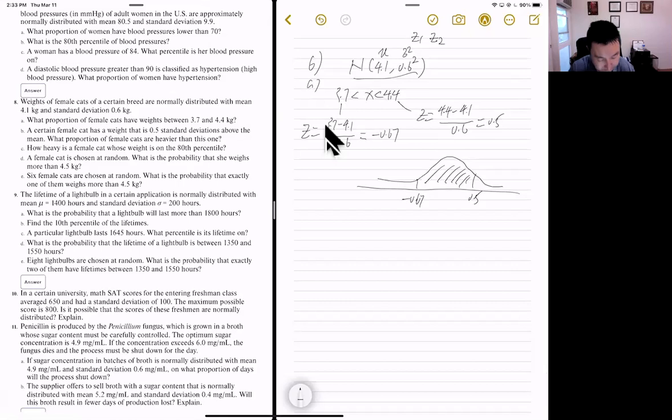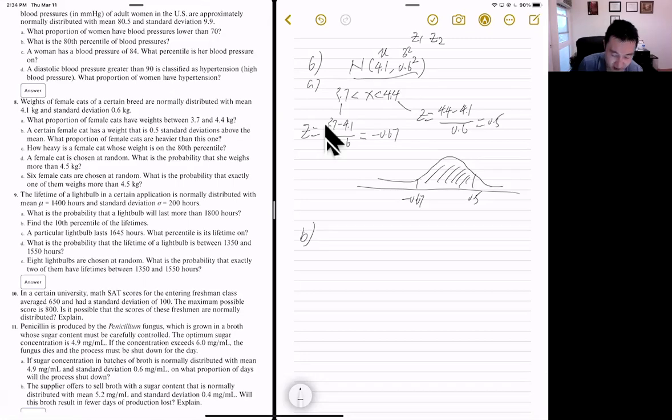That's part A. Part B: a certain female cat has a weight that is 0.5 standard deviation above the mean. What proportion of female cats are heavier than this one?